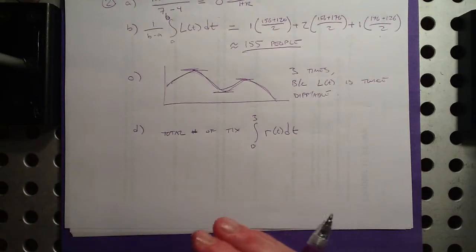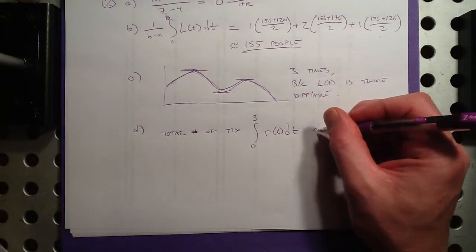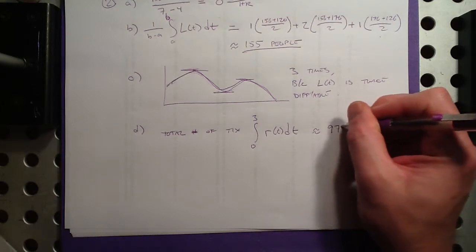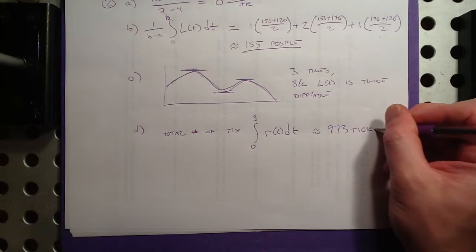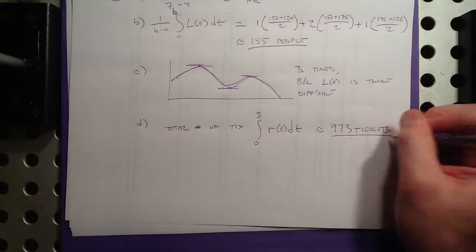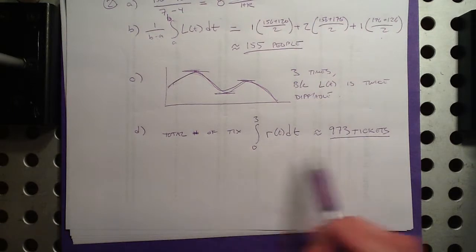And when you put that in your calculator, you should get 973 tickets. And please go ahead and put that in your calculator and make sure that you get that.